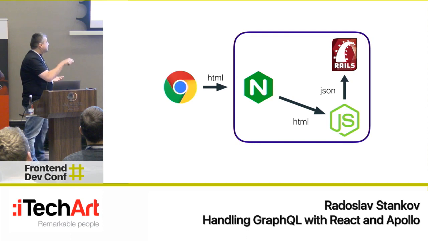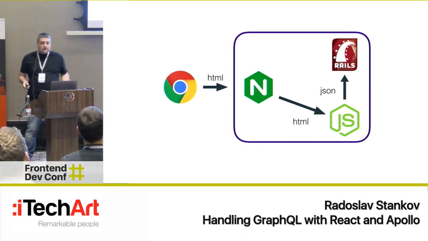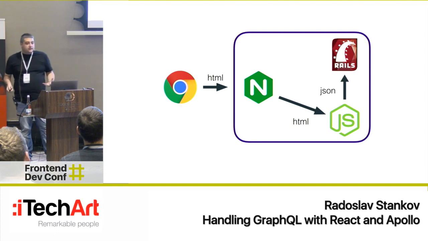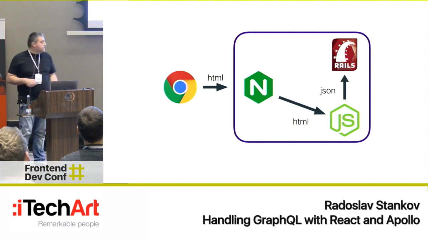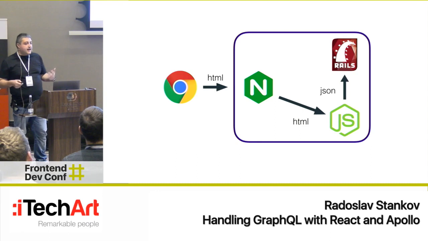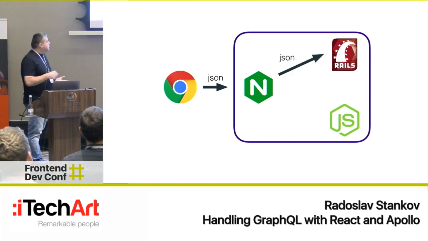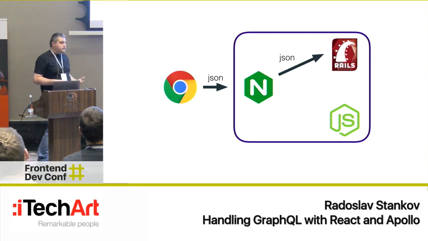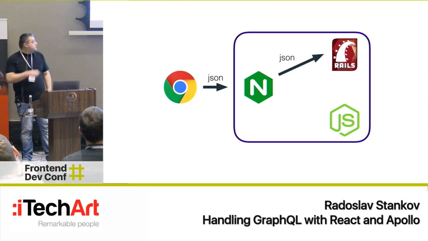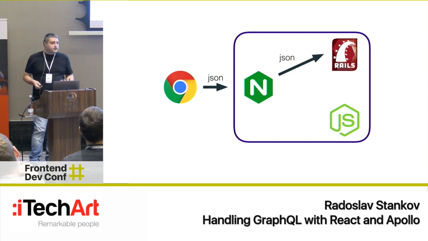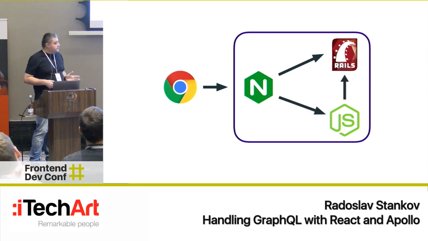When the browser requests a normal HTML page, it gets routed to the Node.js app. It does React server-side rendering, calls the Rails GraphQL API, and renders the whole page. Afterward, if the browser needs some other information once the page is already loaded, it goes directly to Rails. In this way, we can scale.